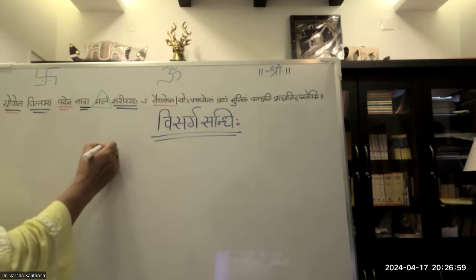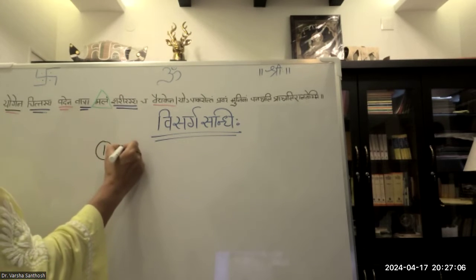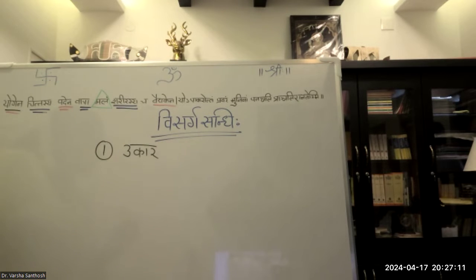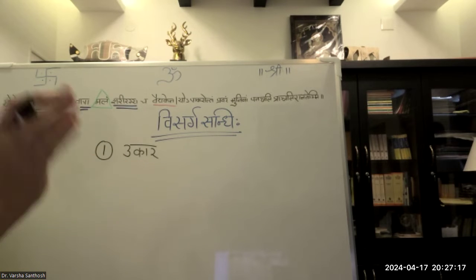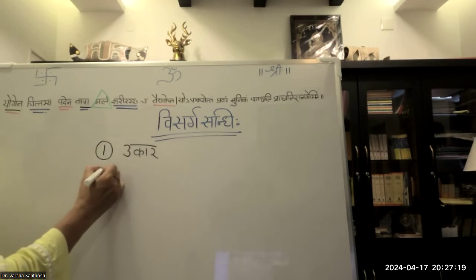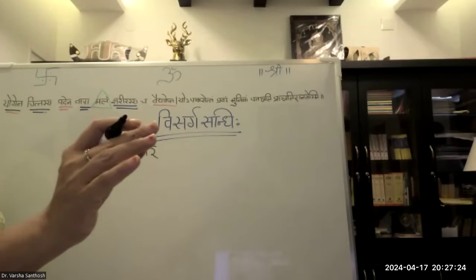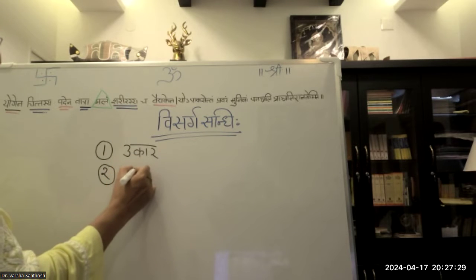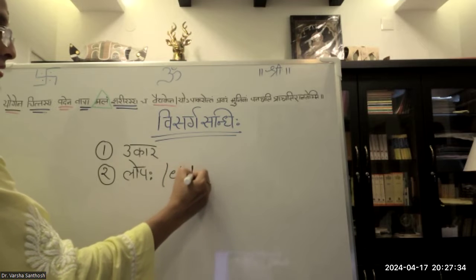In the first type, the Visarga is replaced by one ukaarah. In the second type of Visarga Sandhi, the Visarga itself disappears. It is lopaha. Visargasya lopaha, it elides.